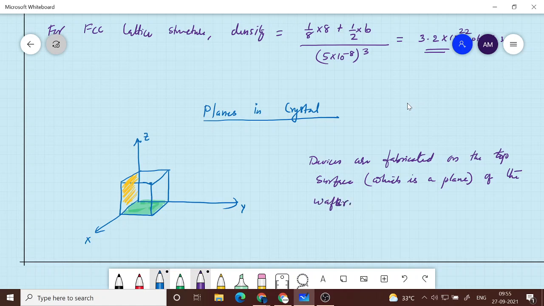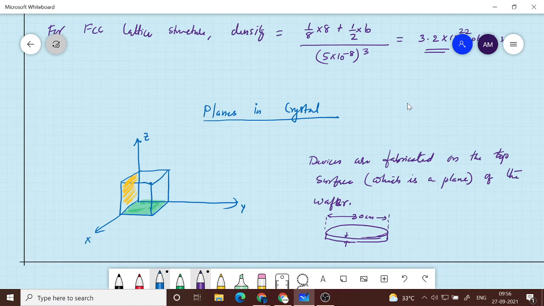So wafer is something like this. I will just show you. Wafer has a cylindrical shape like this. It will have some diameter. It has some thickness. The diameter is usually 30 centimeter. There are wafers with smaller dimension also, but mostly it is 30 centimeter.